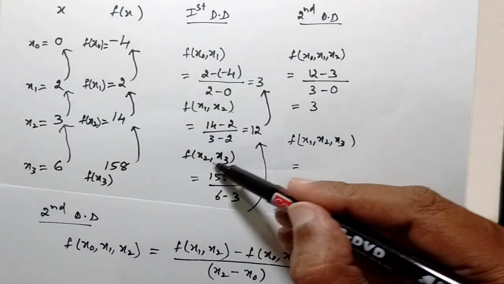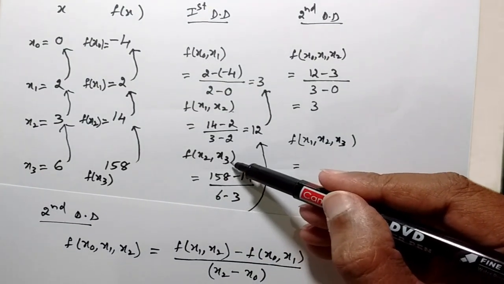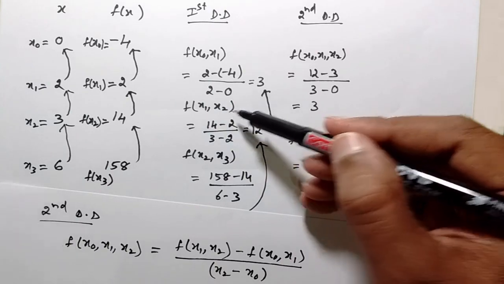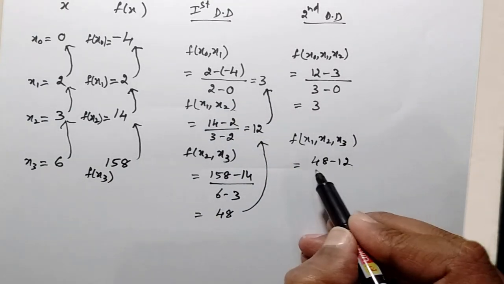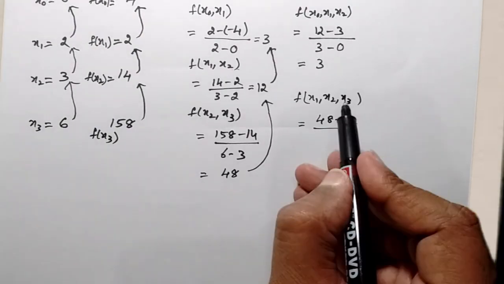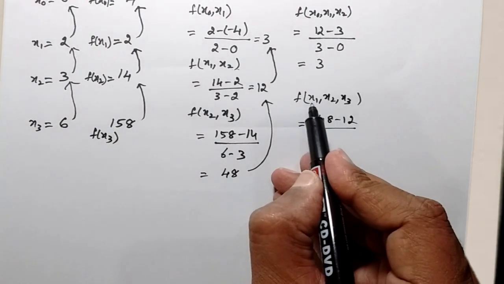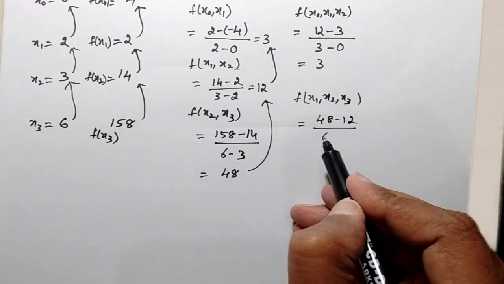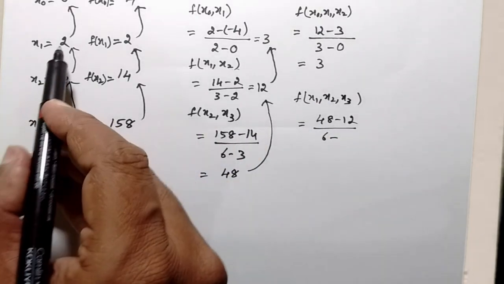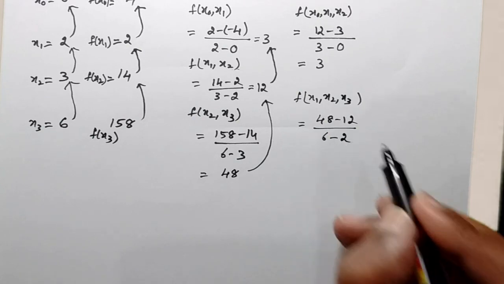That is what we have. x2, x3 minus x1, x2, which is 48 minus 12, divided by the final value minus the initial value, x3 minus x1. x3 value is 6 minus x1 value. x1 value is 2.